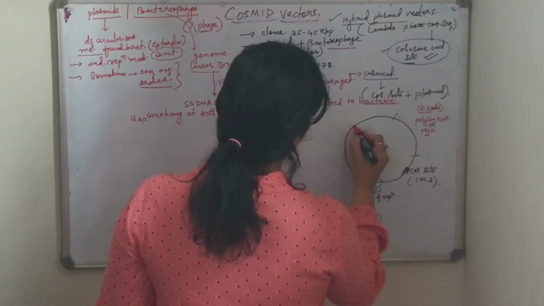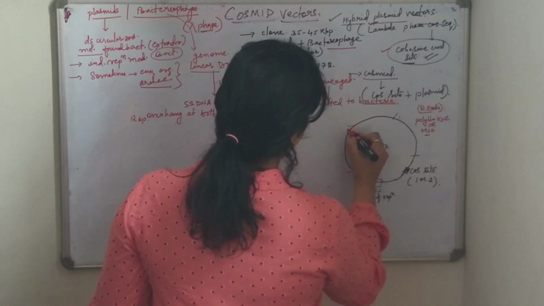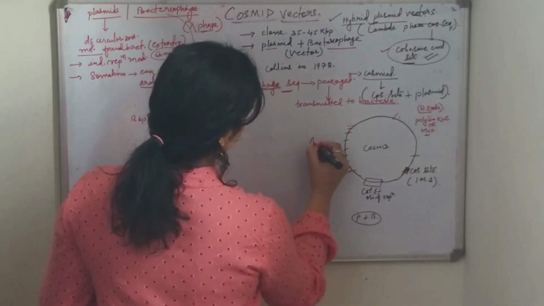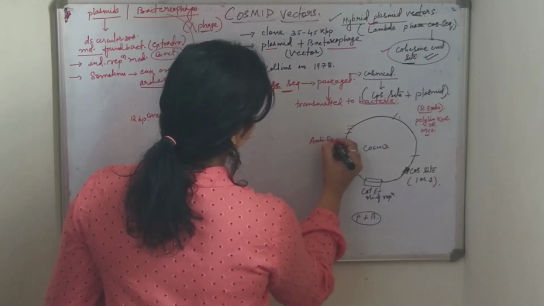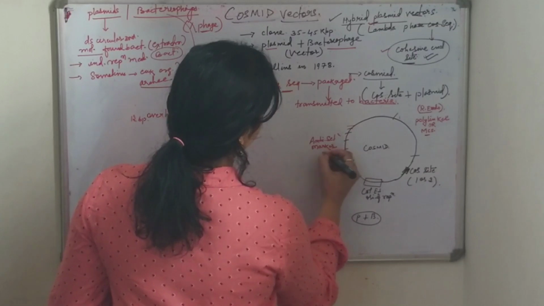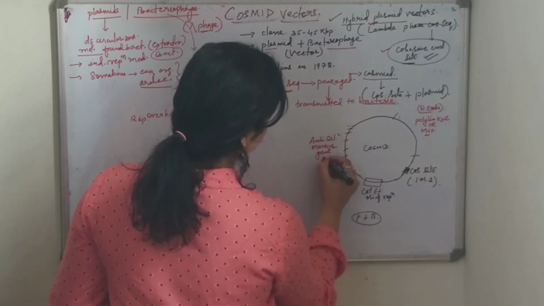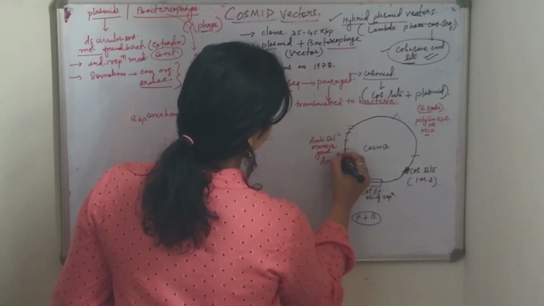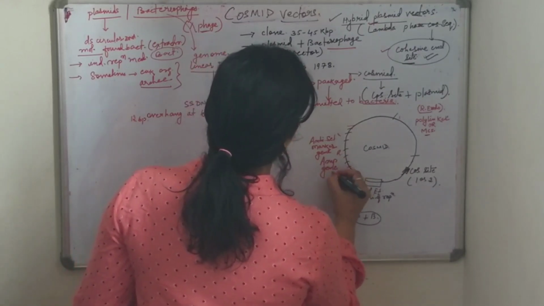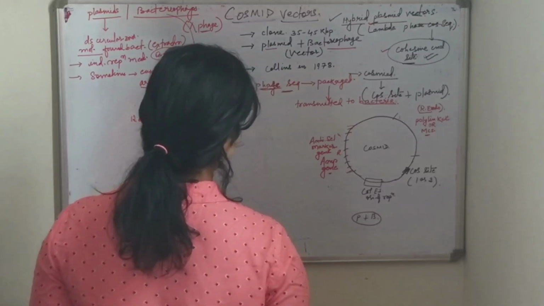And this is the antibiotic selection marker gene, and in this case this is the ampicillin resistance gene sequence.